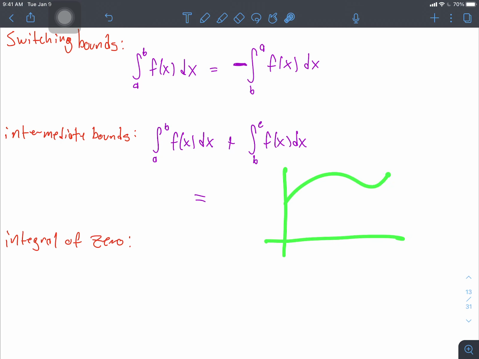If I take a function with three points, and first I get this area, and then I add it to this area, then I'm going to get the total area underneath from a to c, right? Add up area from a to b, and then we continue adding from b all the way up to c. Then we're going to get the total area from a to c of f of x dx.